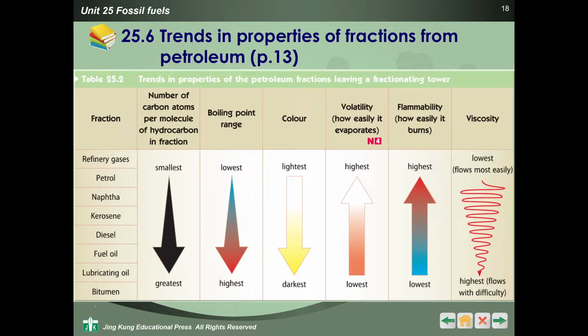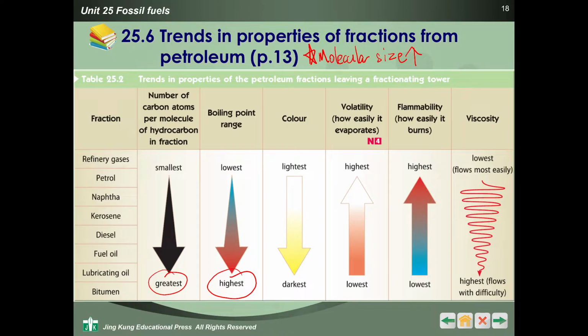Here are some trends that you would need to know. Obviously, at the bottom, bitumen will have the most carbon atoms, and the boiling point range would be highest. Why again? Because, as I said, of the molecular size. This is actually a typical question that they would usually ask, like why is the boiling point of bitumen or lubricating oil so high?